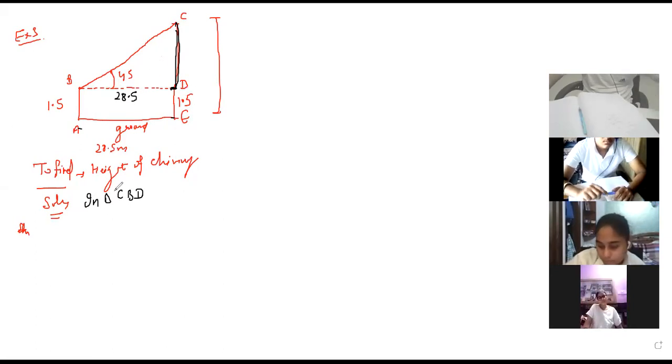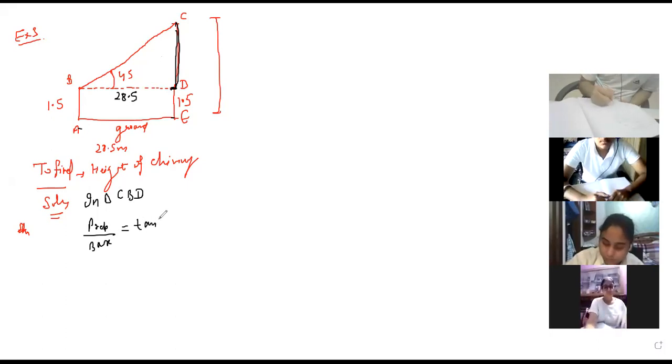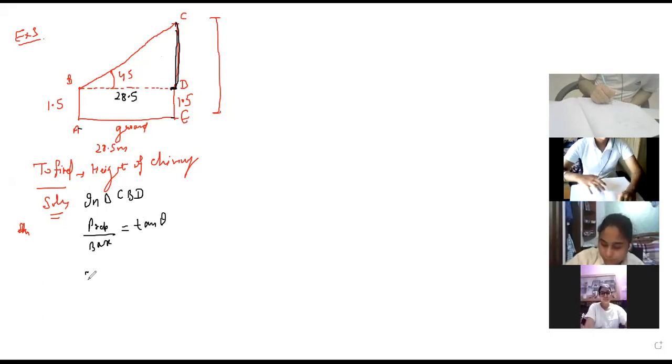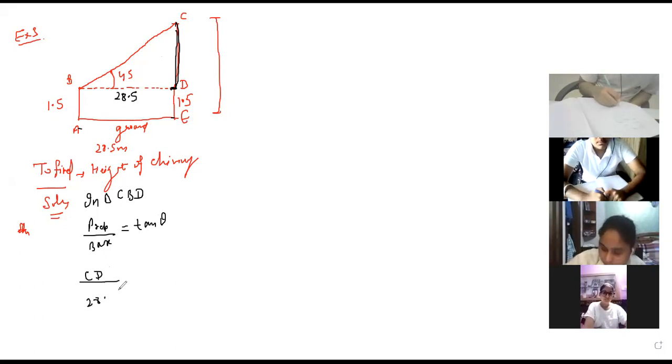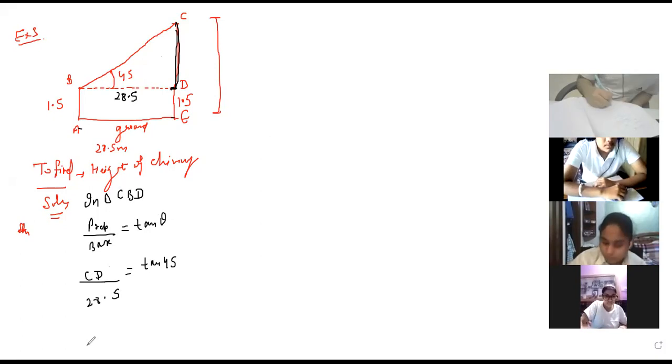So in triangle CBD, perpendicular over base is equal to tan theta. My perpendicular, I want to find out CD. My base is 28.5, tan 45 is the angle. Which implies CD is equal to 28.5 times tan 45, which is 1.